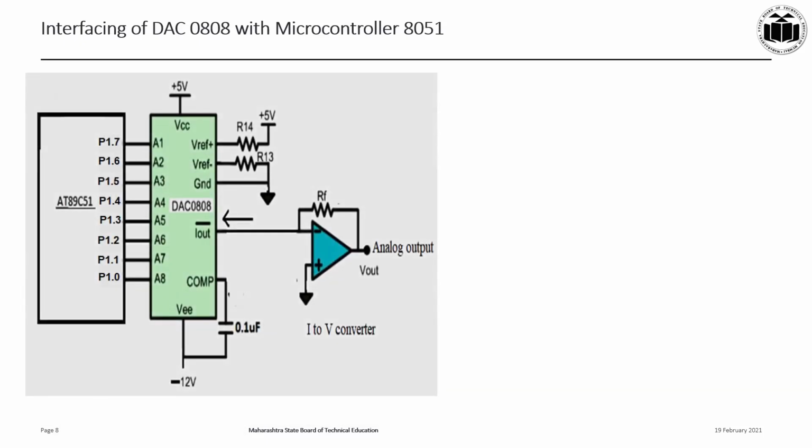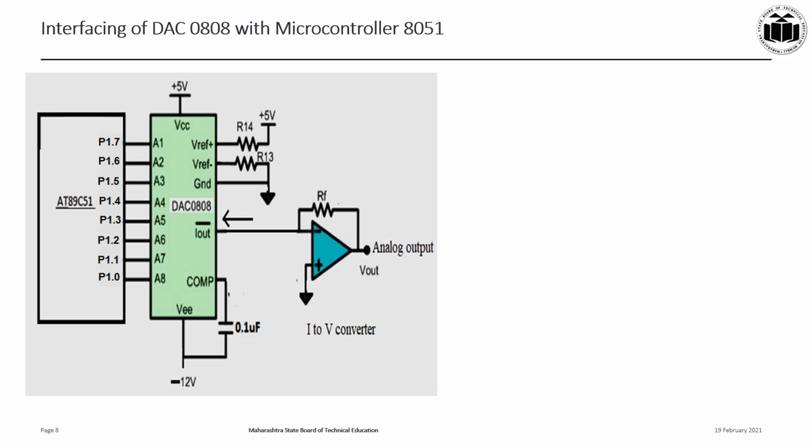Let us see how to interface DAC 0808 with microcontroller 8051. As you can see in this diagram, the DAC digital input pins A1 to A8 are connected to port 1 pins of microcontroller 8051 such that the MSB bit of digital input pin of DAC is connected to MSB bit P1.7 of port 1, and the LSB digital input bit A8 of DAC is connected to LSB bit of port 1, P1.0.